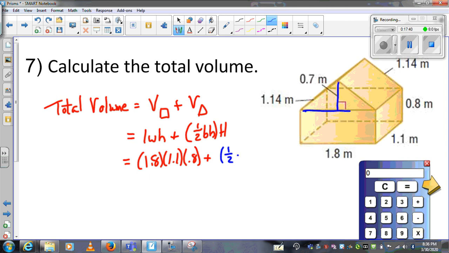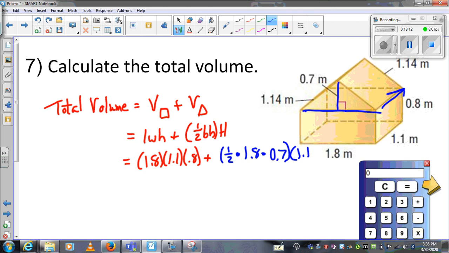Again, with our triangle, we're looking for the two perpendicular. These two right here. Okay, so my base here is along the bottom. That would be 1.8 times the height of my triangle, which is 0.7, times the height, or how long or tall this object is. So that's going to be 1.1.